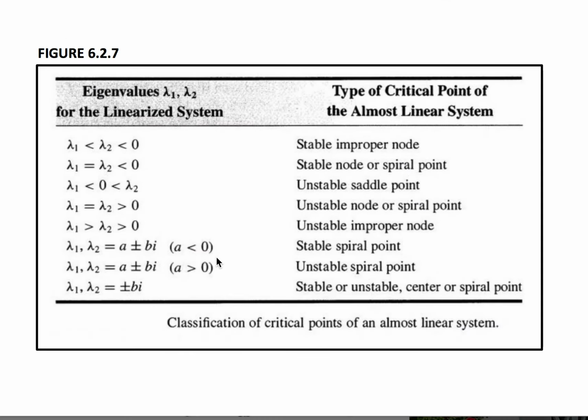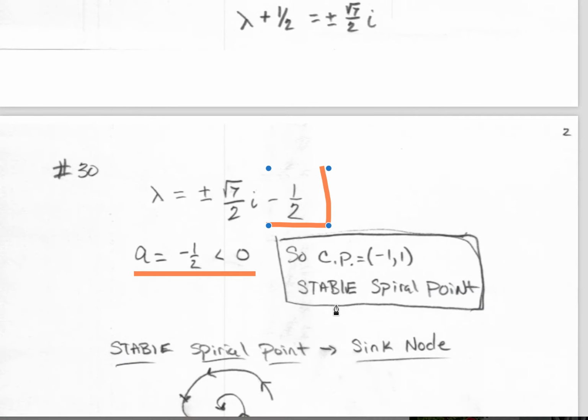So I look at my table, and for my complex numbers, I have these bottom three here. And it tells me what happens if a is less than 0. Then I have a stable spiral point. And so that's what this is. At the critical point (-1, 1), I have a stable spiral point.